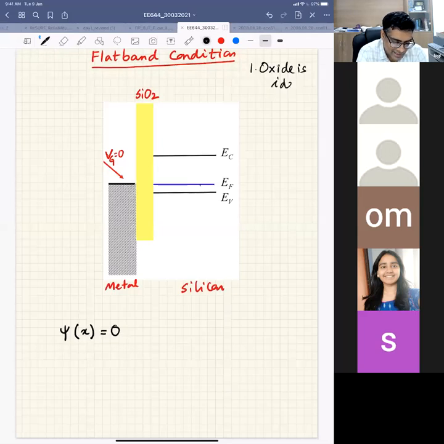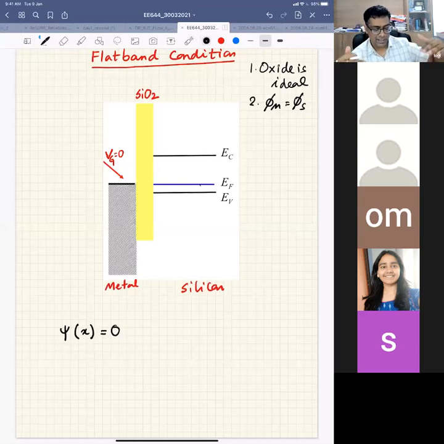We have an ideal gate dielectric, which means we do not have any charges there, and the metal work function is equal to the semiconductor work function. So phi m equals phi s, right?